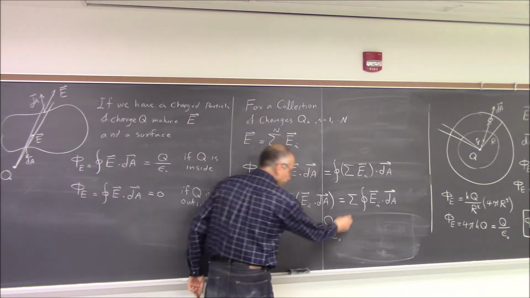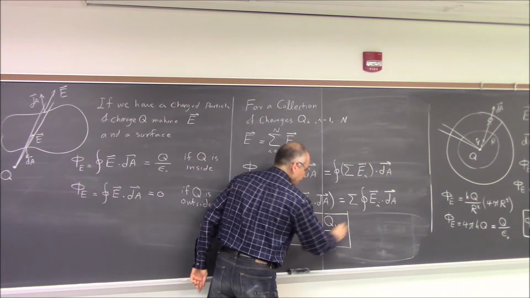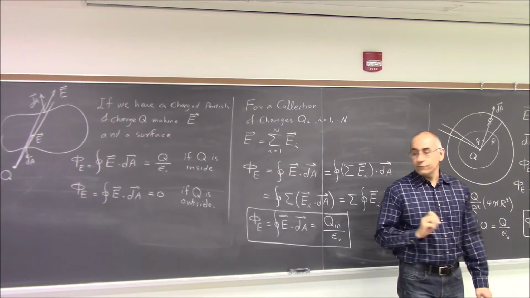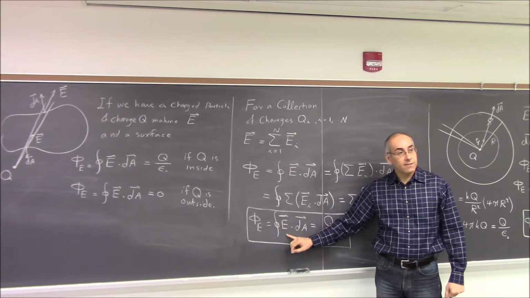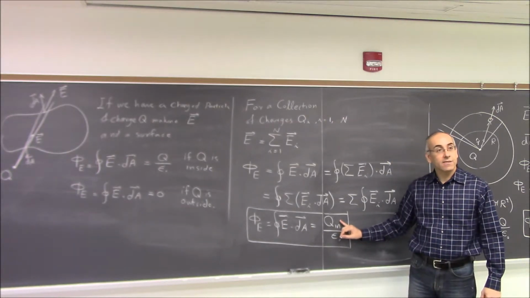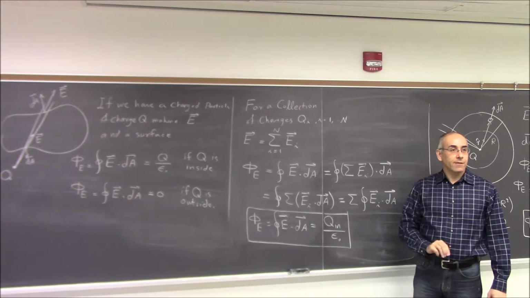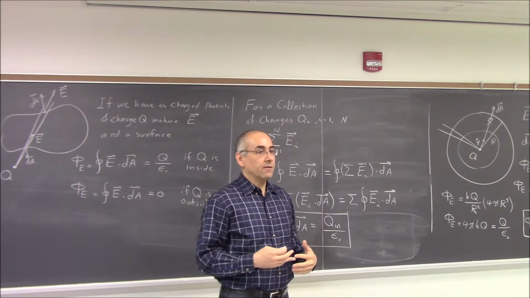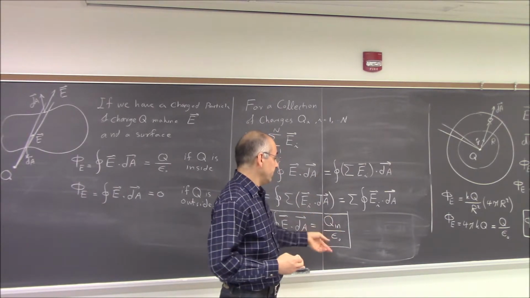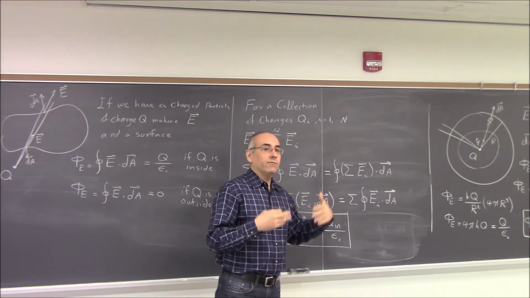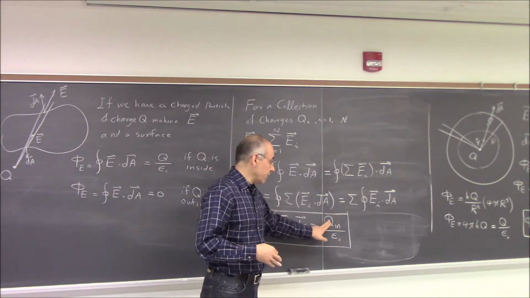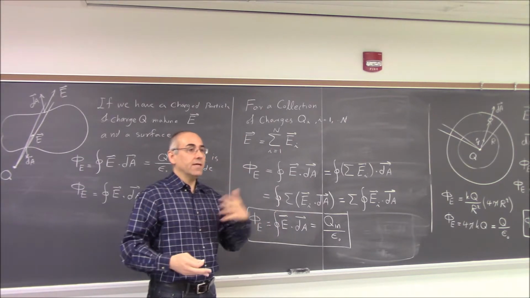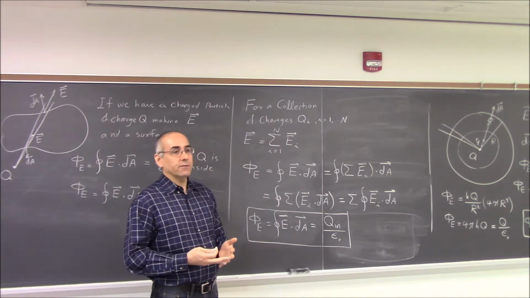It's very, very powerful. It says no matter what creates the electric field, the integral of E dot dA over any closed surface is equal to the sum of all the charges inside divided by epsilon naught. And of course, remember that if the charge is positive, the integral of E dot dA for that charge is positive. If the charge is negative, it is negative. So these charges add up like scalars. If you have the same amount of positive charge and negative charge, they cancel out each other.